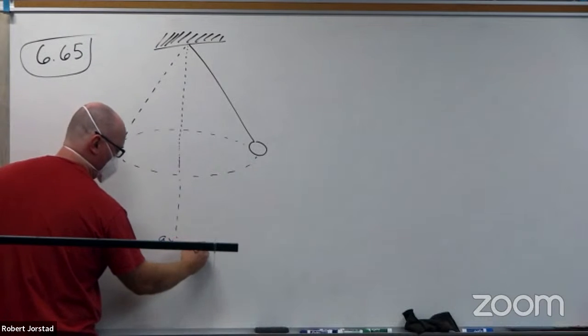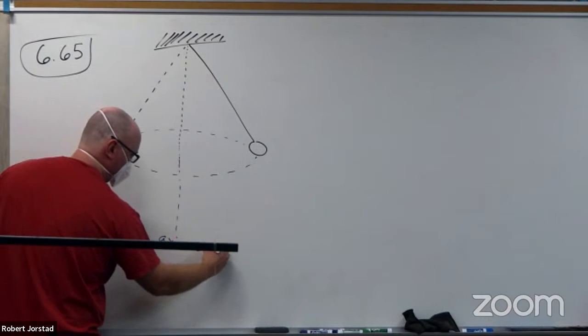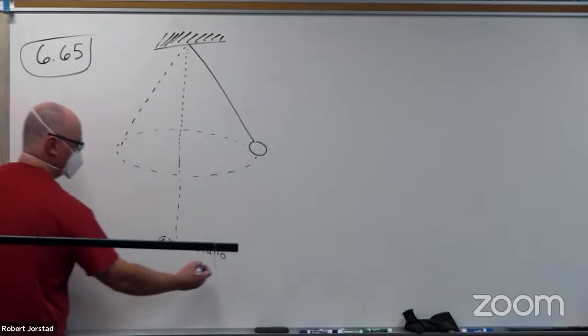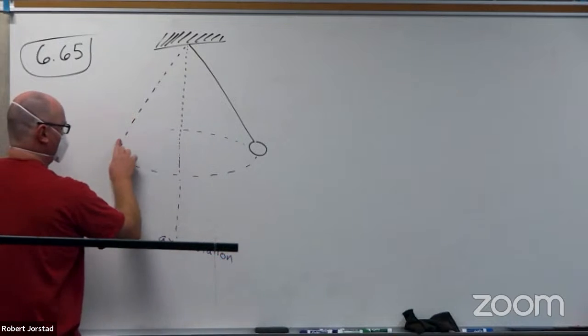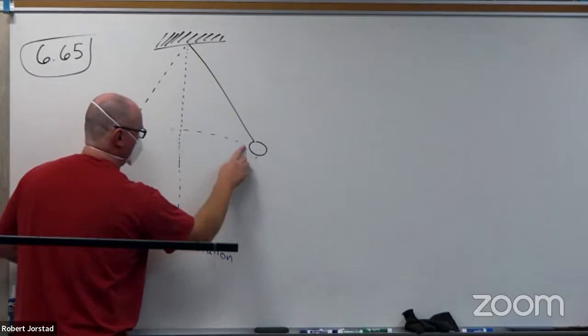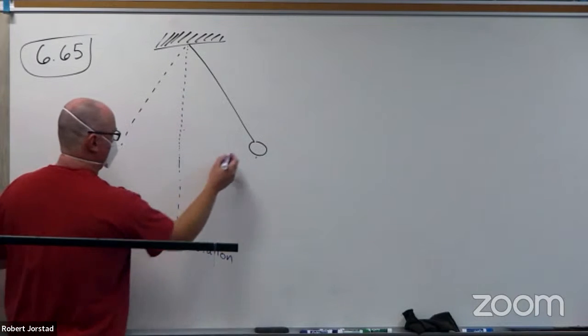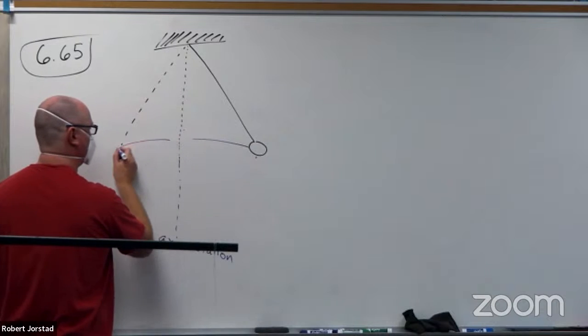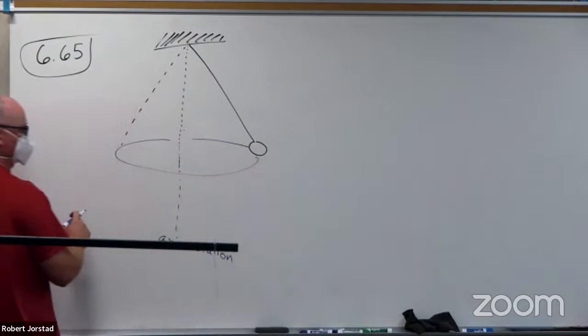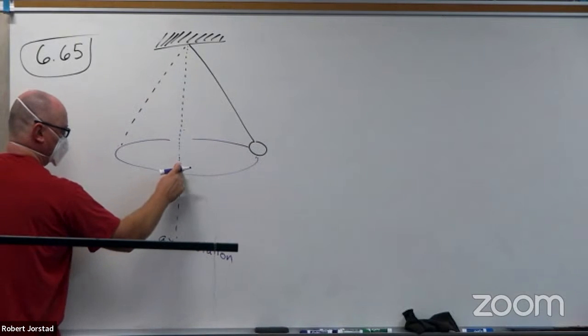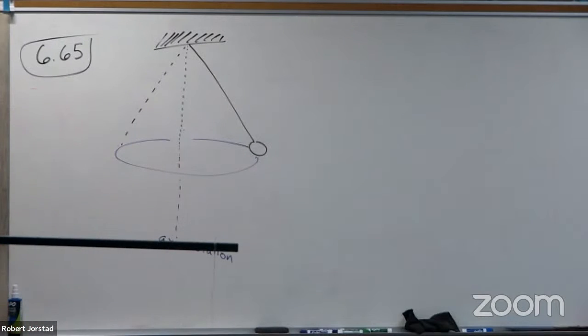I know this is hard to see. But maybe if I draw the circle here, solid, it would be easier to see. This thing is going in some circular path like this. Drawing in 3D is not easy.